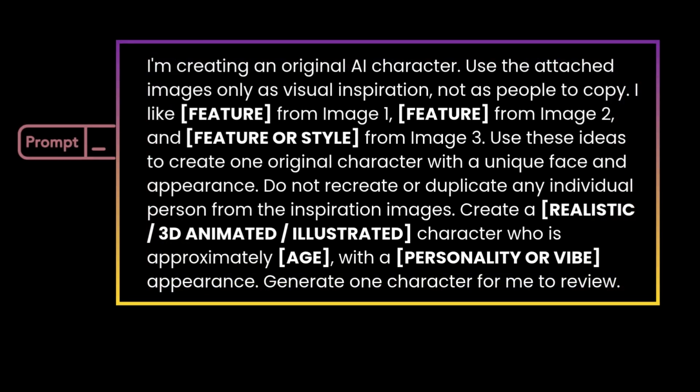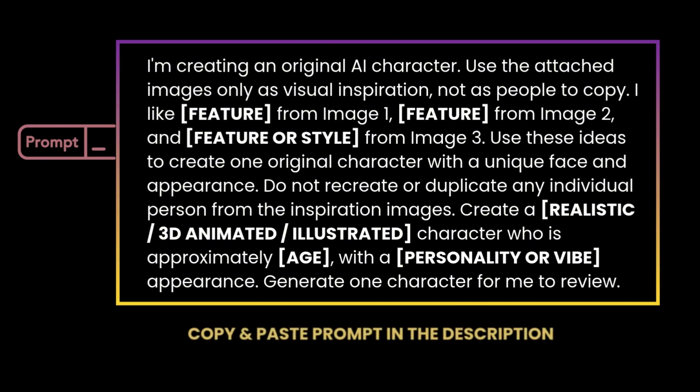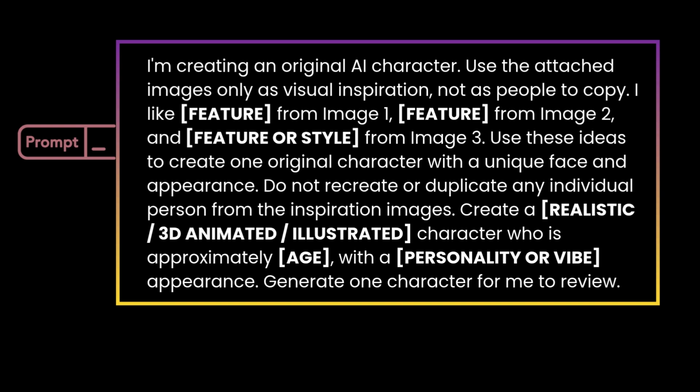Here is the prompt we are going to use. I'm creating an original AI character. Use the attached images only as visual inspiration, not as people to copy. I like [feature] from image 1, [feature] from image 2, and [feature or style] from image 3. Use these ideas to create one original character with a unique face and appearance.